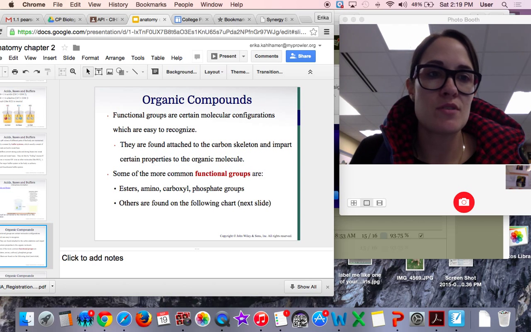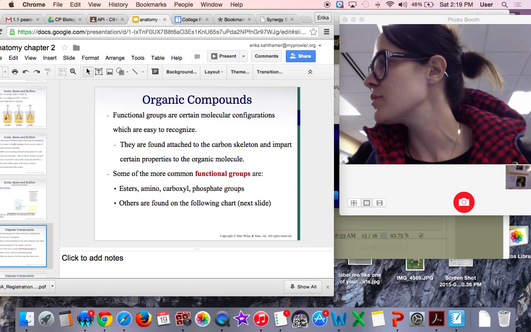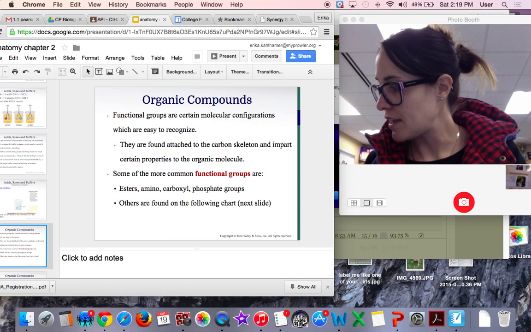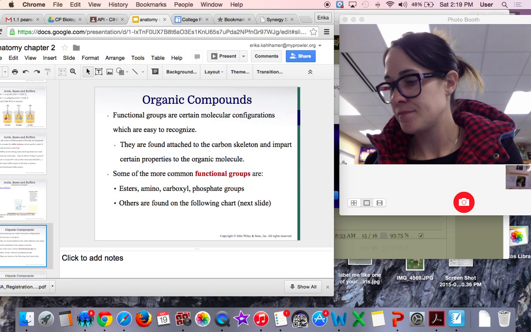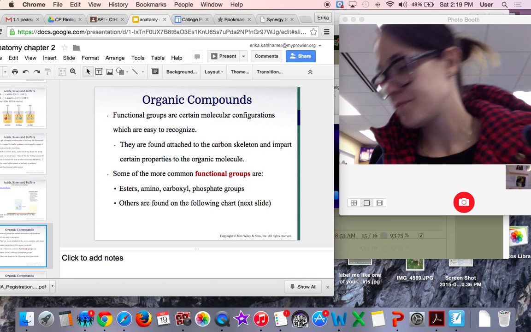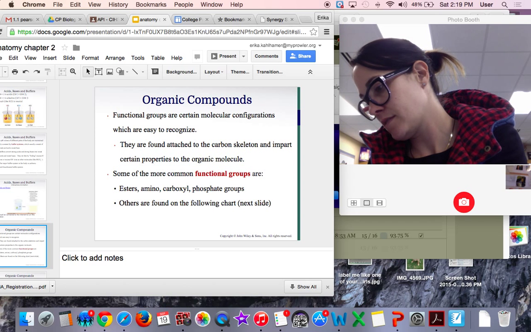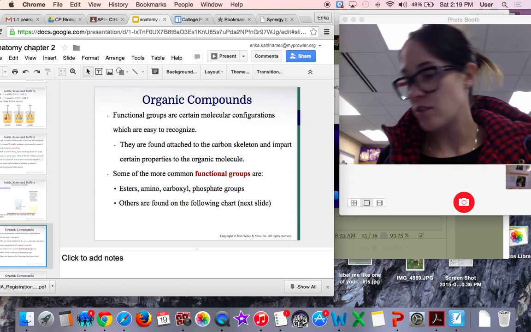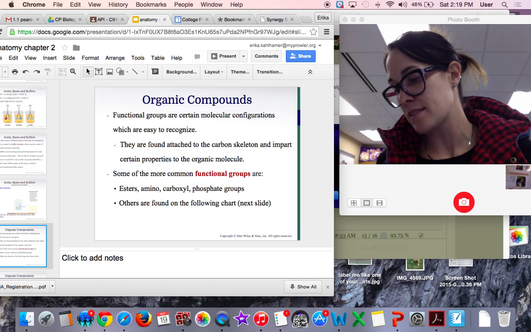Functional groups. Organic molecules are made up of carbon, right? So you either have these carbon chains, like this, a chain of carbons. You could also have rings of carbons.